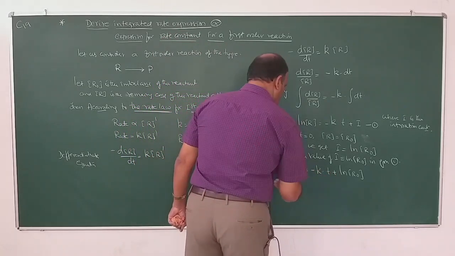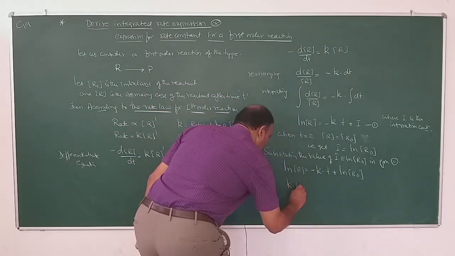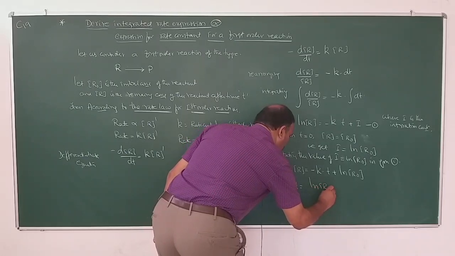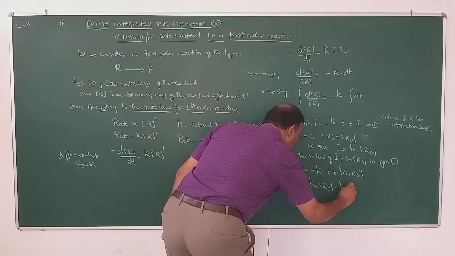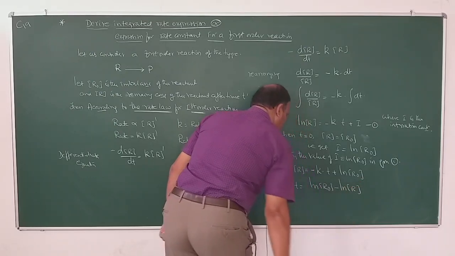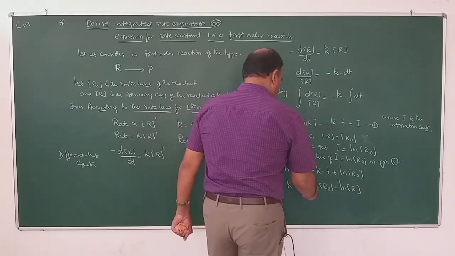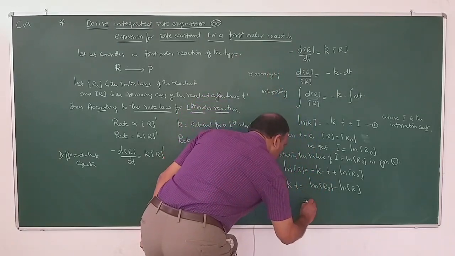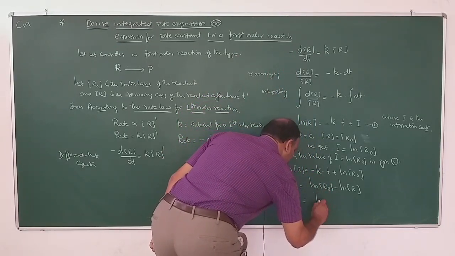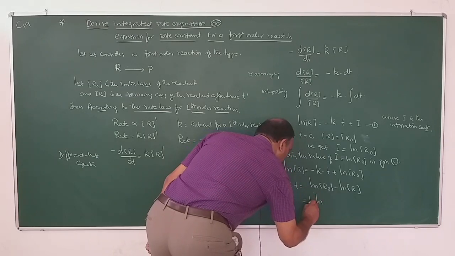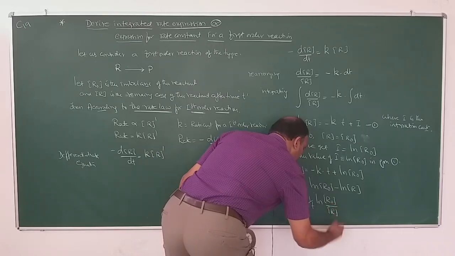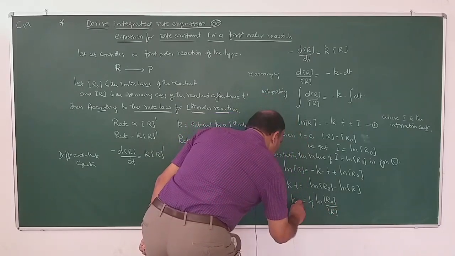Then kt equals ln [R]0 minus ln [R]. So ln [R]0 minus ln [R] is equal to ln [R]0 divided by [R]. Taking t to the other side, 1 over t ln [R]0 divided by [R]. So this is k.